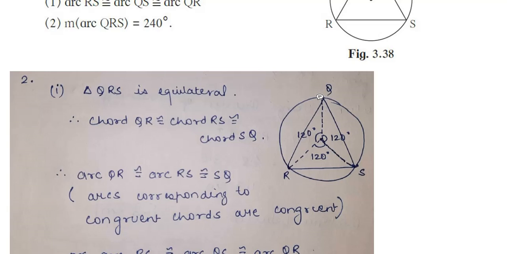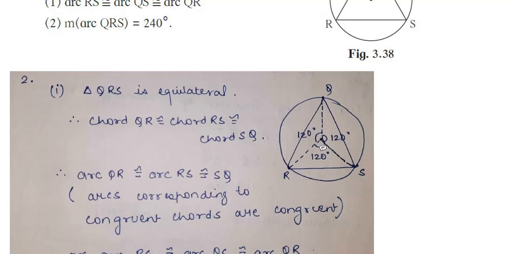This means the arcs QR, RS and SQ are also going to be the same. Now if the arc lengths are the same, then the angles of all three also have to be the same. Which means these three angles together must make 360 degrees and all three must be equal. So I am dividing 360 into 3 parts. That gives me that each angle at the center is equal to 120 degrees.